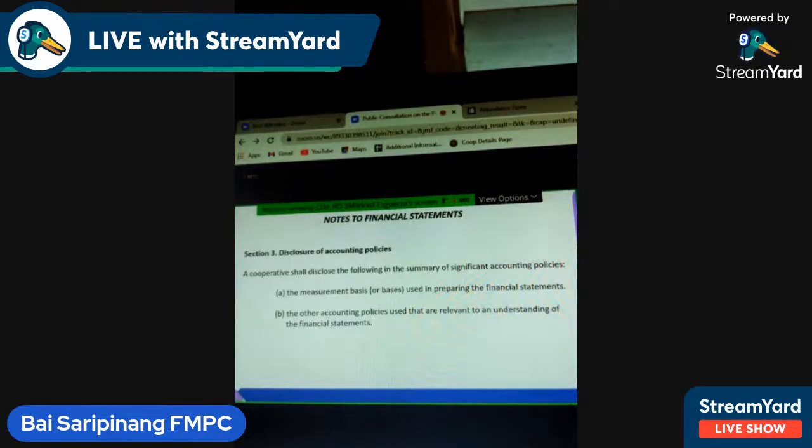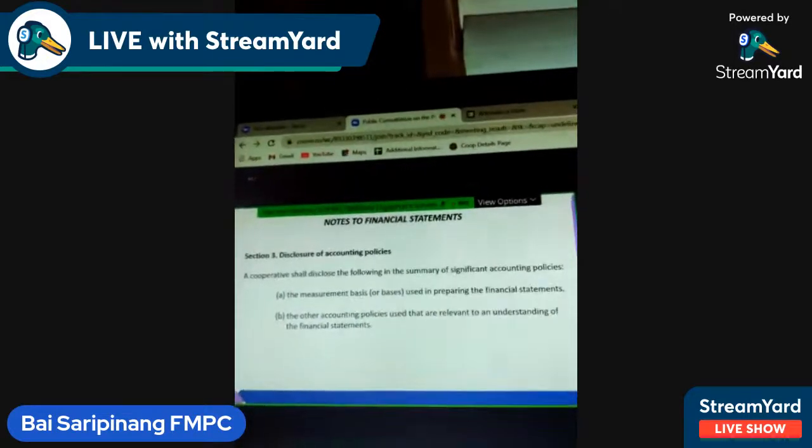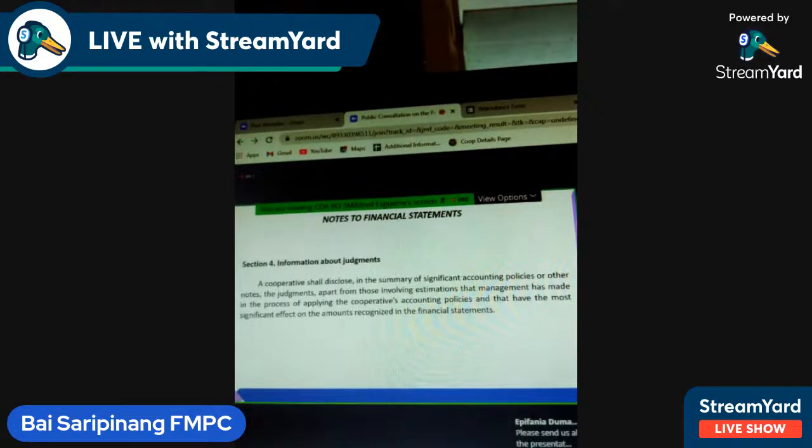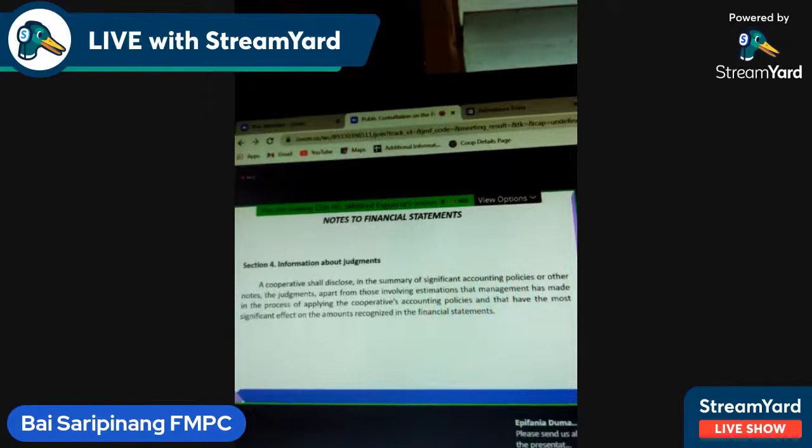Number one is the measurement basis or basis used in preparing the financial statements. What basis did we use on this statement? The other accounting policies used that are relevant to an understanding of the financial statement. So, usually, we disclose the accounting policies used in preparing our financial statement.